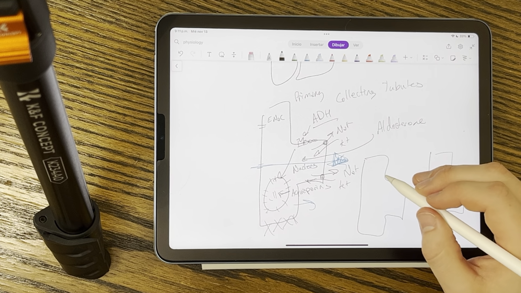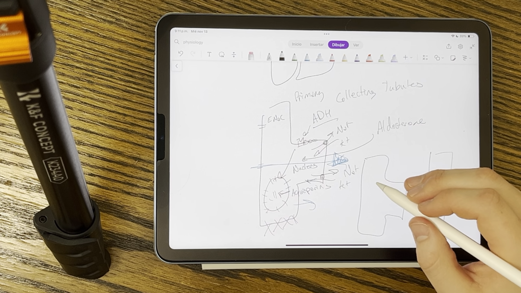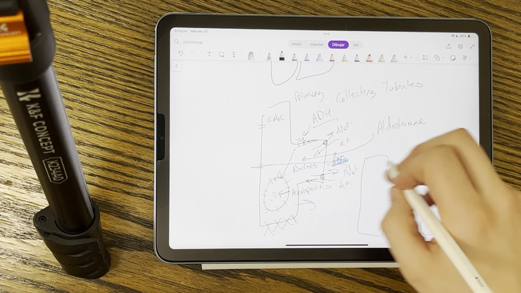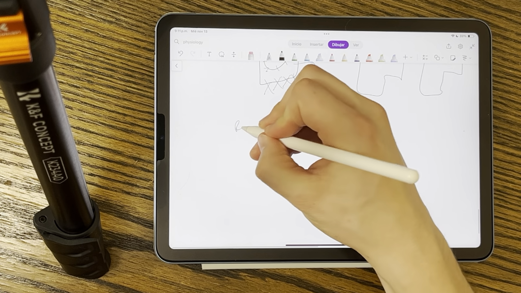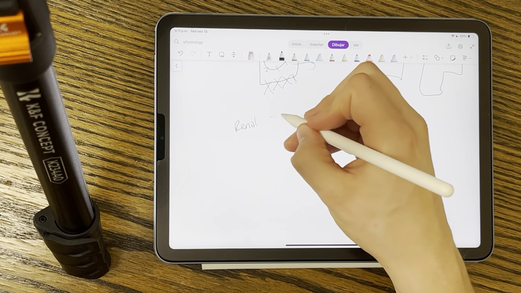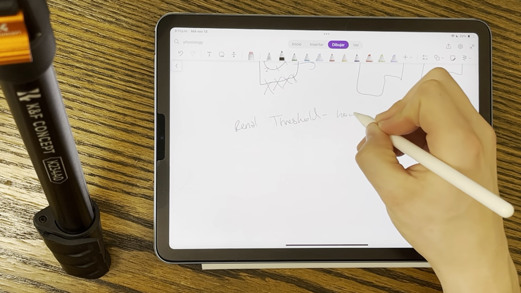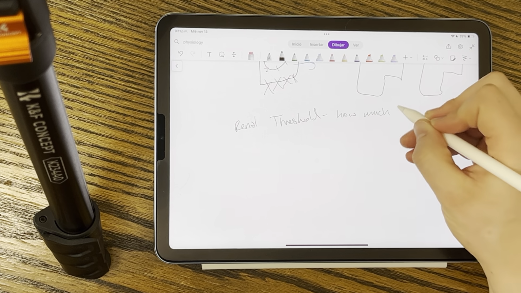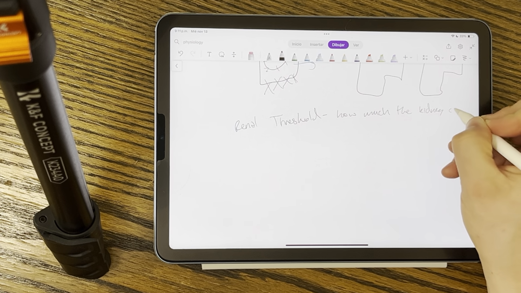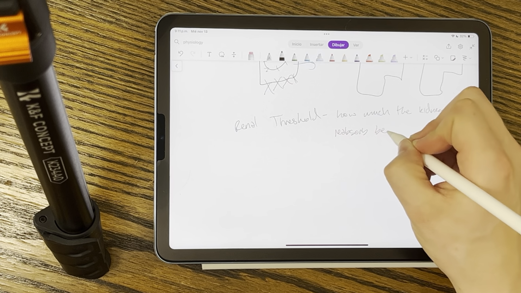Okay, so I'm going to now move on, talk about two concepts in reabsorption called renal threshold. And this is how much the kidney can reabsorb before saturation.